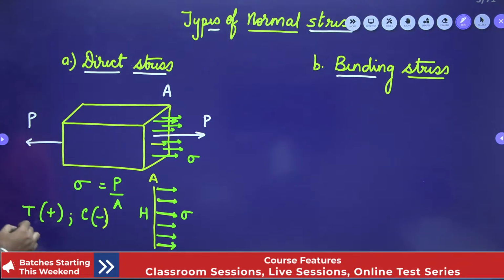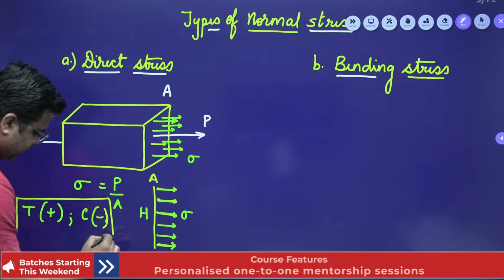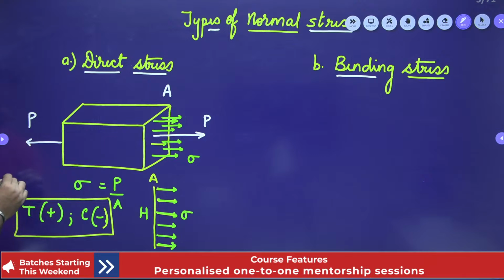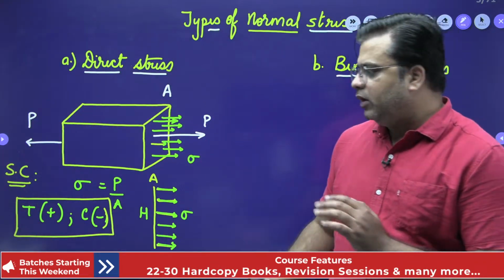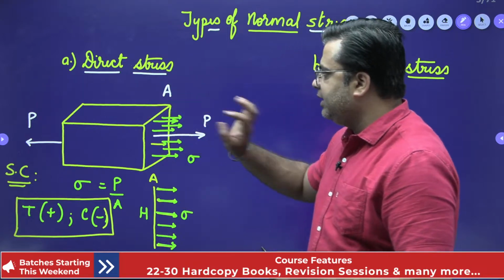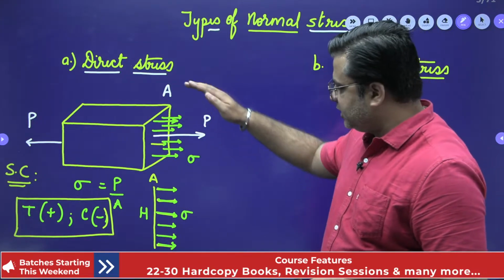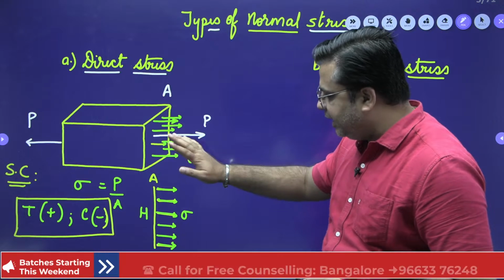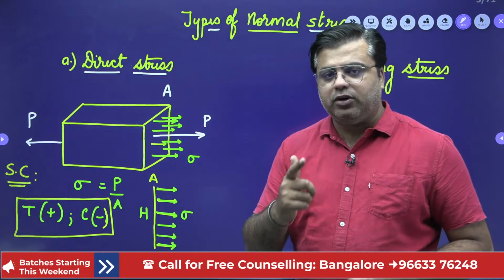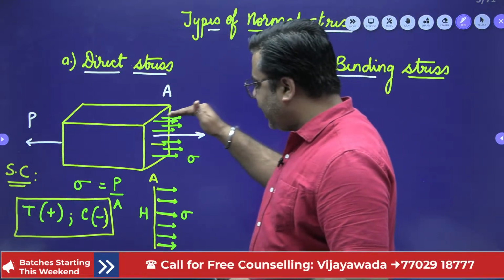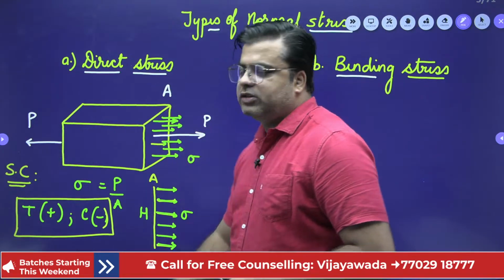I hope this is already known to us because this is one of the basic classifications that we have. This is the sign convention of direct stress. So I hope you will not make any mistake in visualizing the direct stress, right? Direct stresses will be distributed in the entire depth H. Direct stress is a type of normal stress because it acts perpendicular to the cross-sectional area.